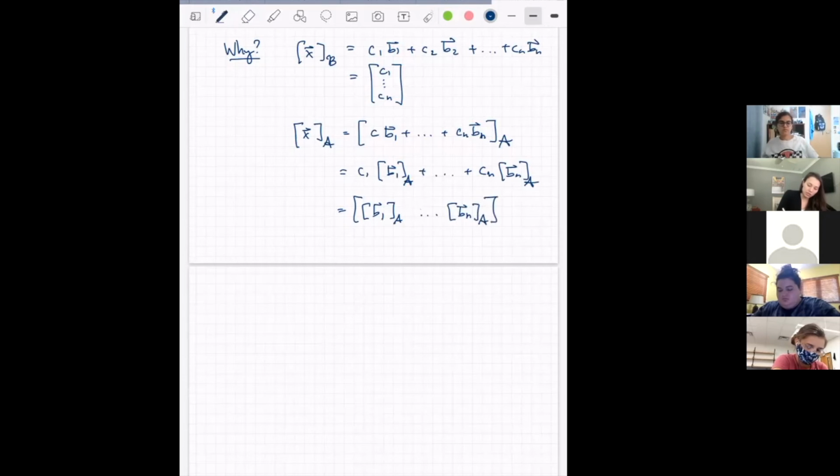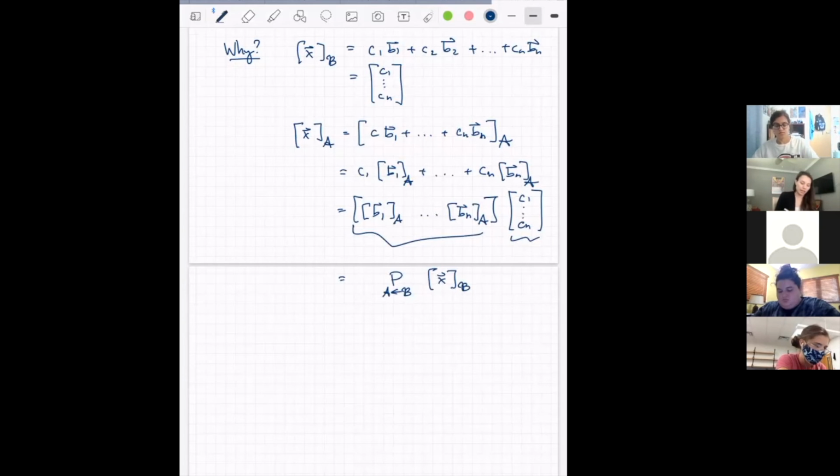Right, so we get this matrix times the vector C1 up to Cn. Okay, and this is exactly what we claimed was that matrix P, the change of coordinates matrix from B to A, and this is just our coordinate vector that we started with in terms of B. Right?